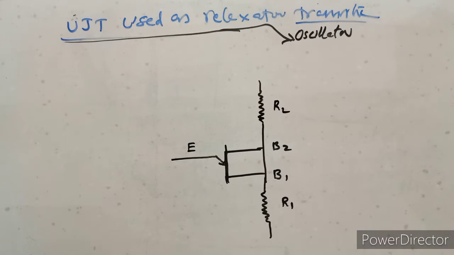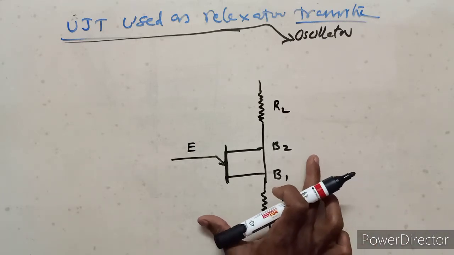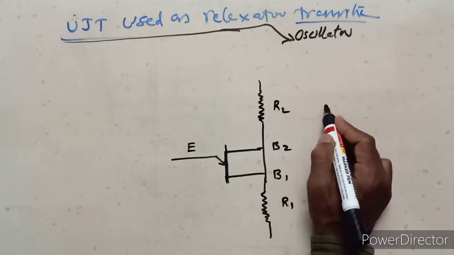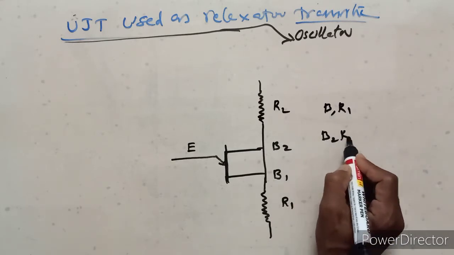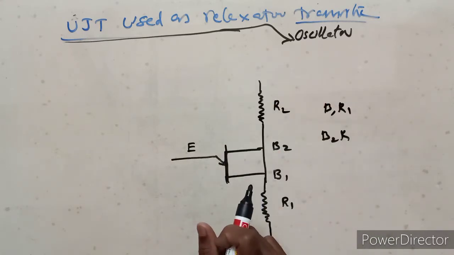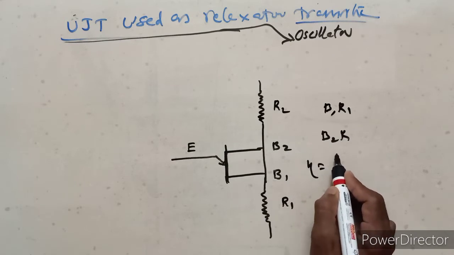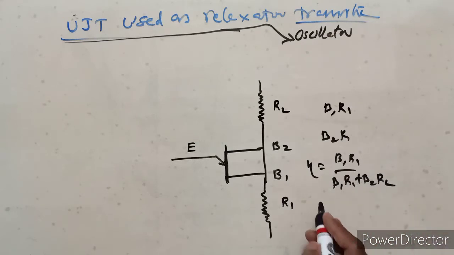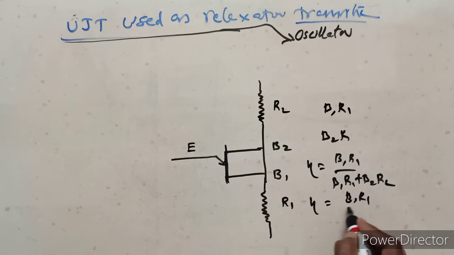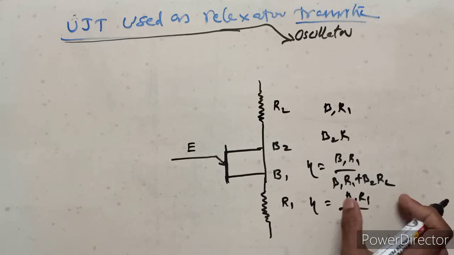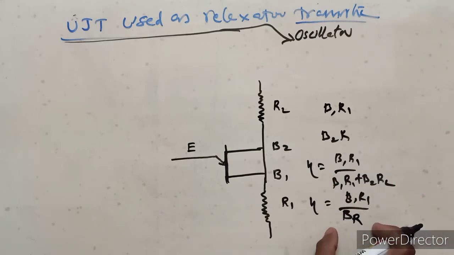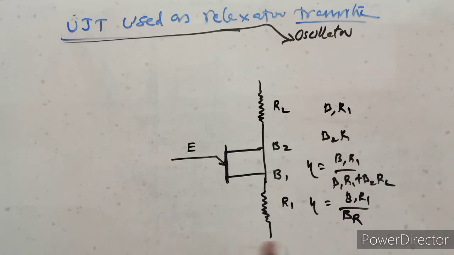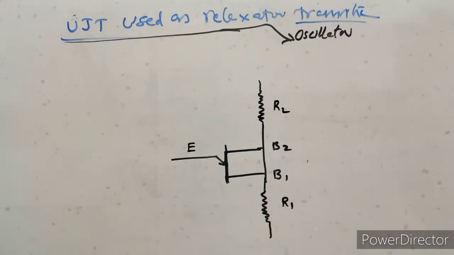This is the equivalent UJT circuit. Already we know that eta equals RB1 upon RB1 plus RB2, the total resistance between base 1 and base 2. So this is the circuit diagram.